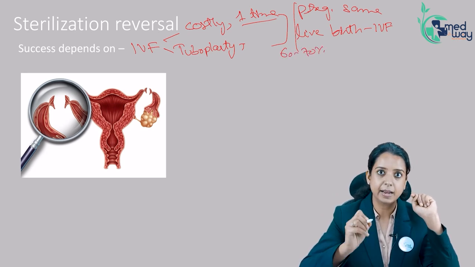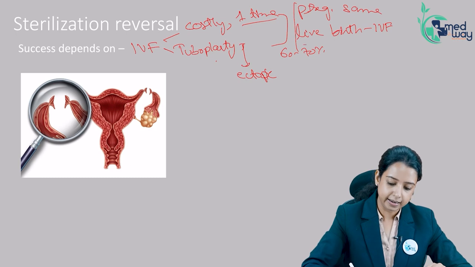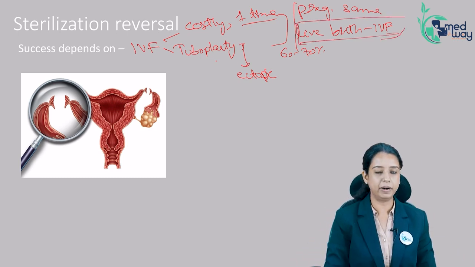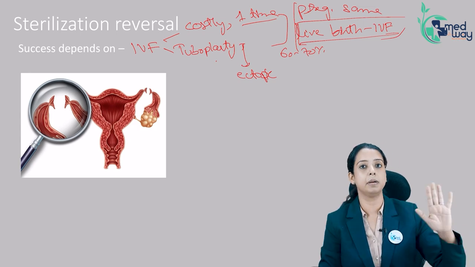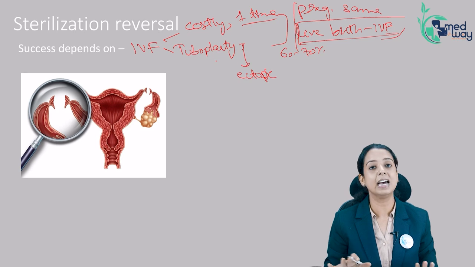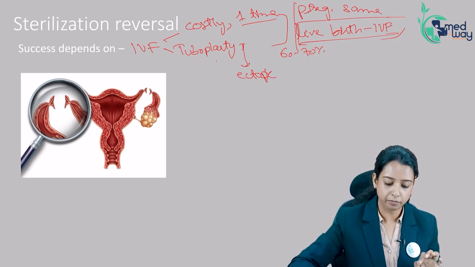But many times the pregnancy after tuboplasty is actually ectopic. So the live birth rate is not the same and it is more in IVF, because UPT positive doesn't mean you will have a baby after 9 months. It can be ectopic also, which is a risk in tubal surgery. Is this clear? Okay.